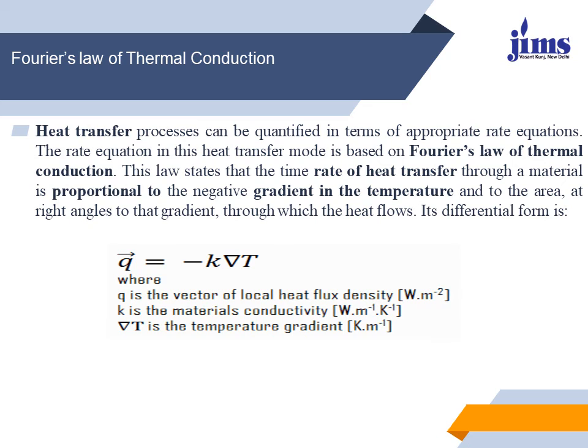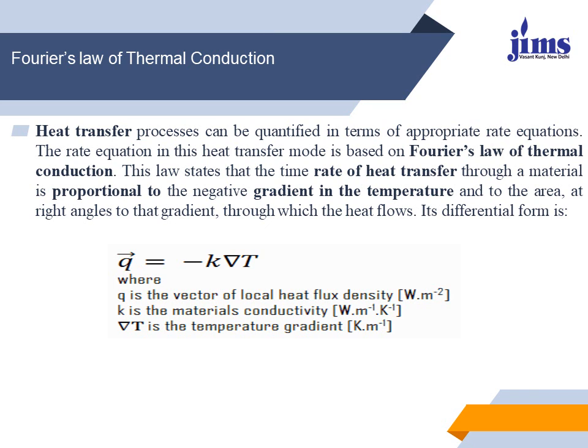According to Fourier's law, we make some assumptions. Number one, heat transfer takes place only in one dimension. The second assumption is that heat transfer takes place only in steady state condition. The third is that the thermal conductivity throughout the material is the same.